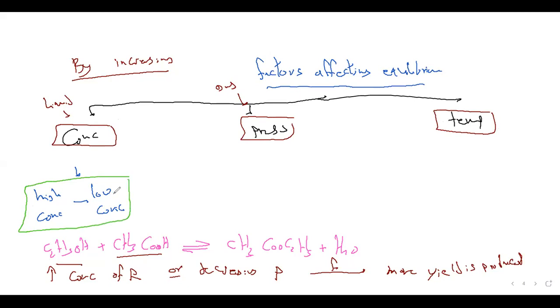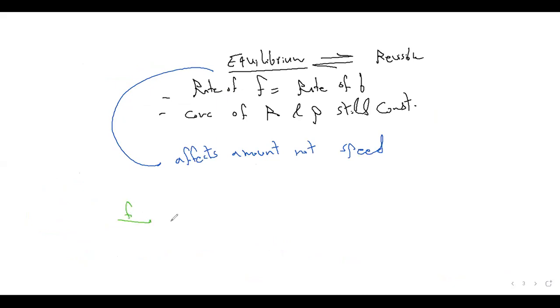By increasing the concentration of reactants or decreasing the concentration of the product, the reaction moves forward, which means more yield is produced. Moving backward means less yield is produced.